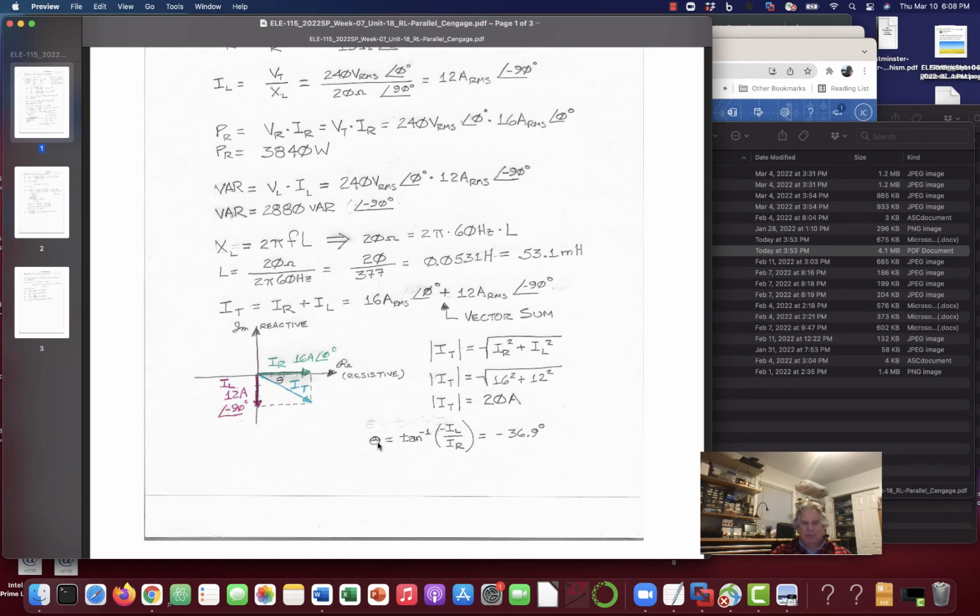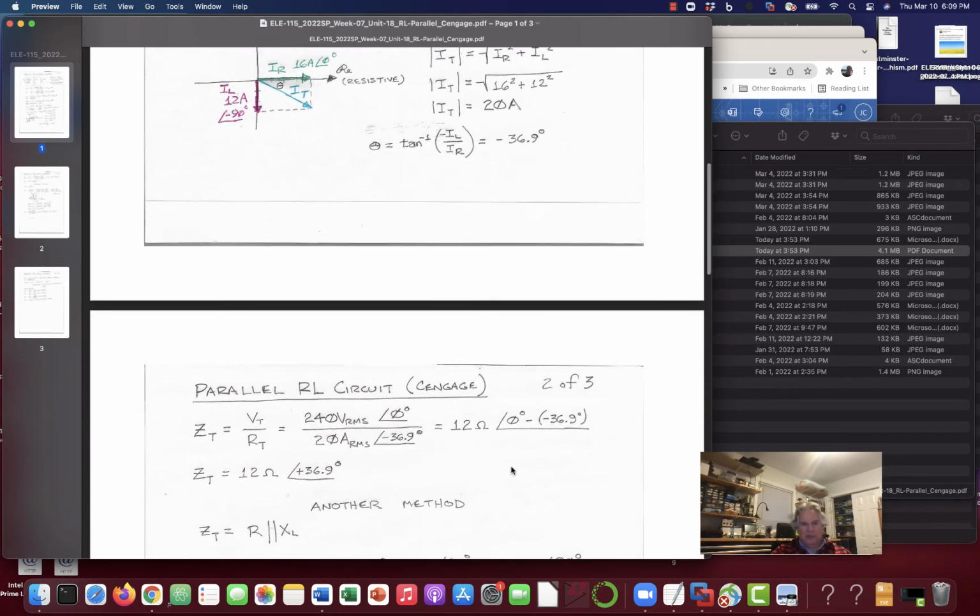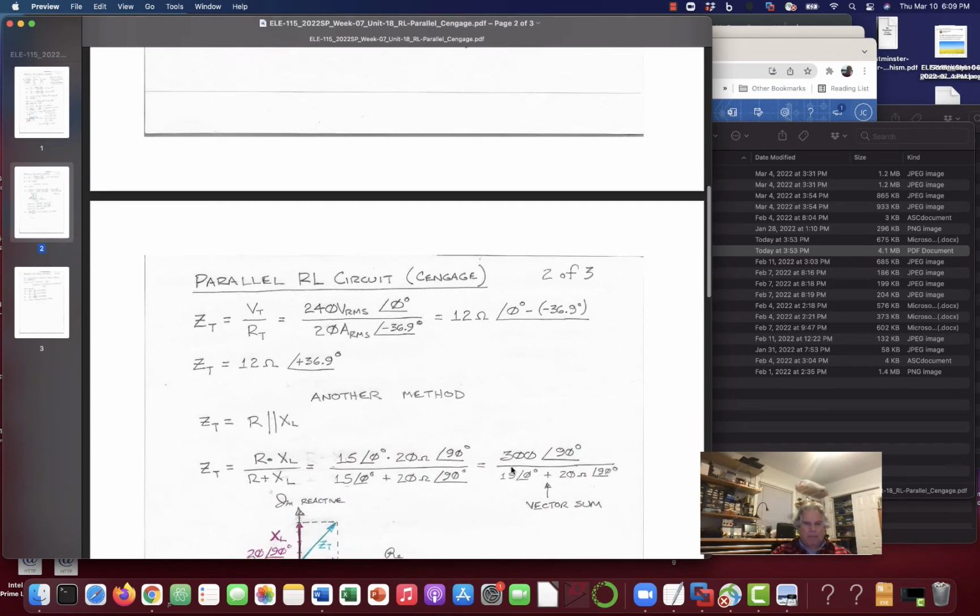You maybe more properly call this angle theta sub I because it's the angle for the current. And we get theta equals arctangent, the angle whose tangent is negative IL over IR, and that is approximately 36.9 degrees. That's typical of a 3-4-5 right triangle, by the way.